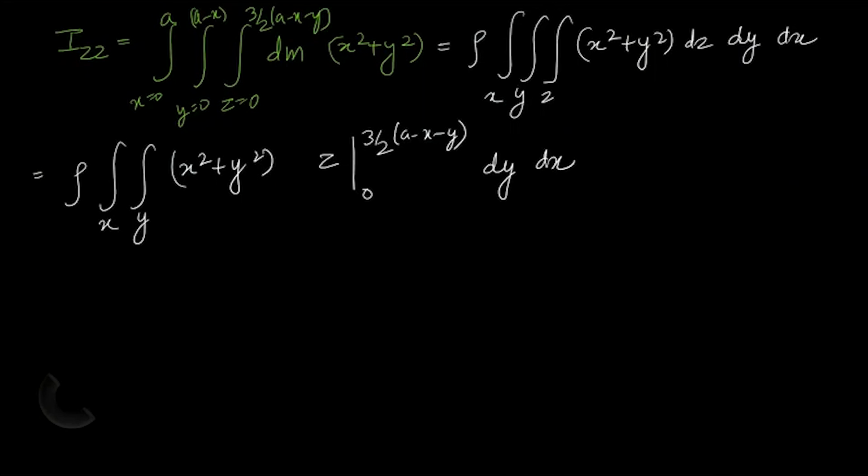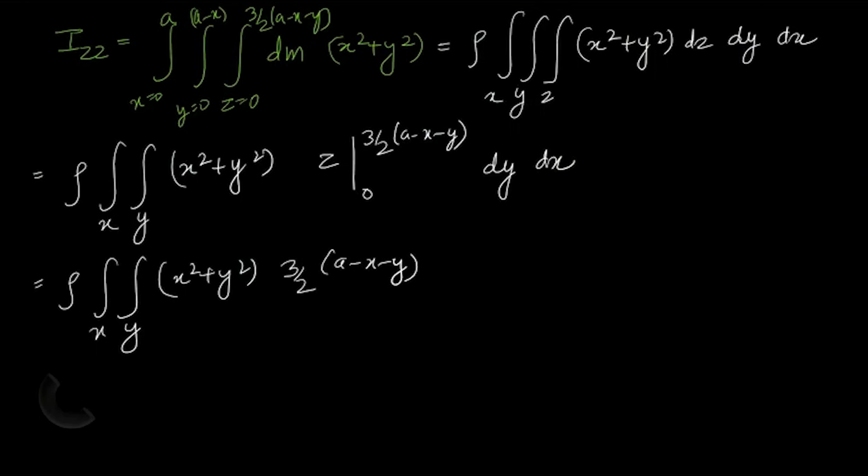So let's put the limits for z. So it's rho, x y, x square plus y square, 3 over 2 (a minus x minus y) and then dy dx. So let's multiply these two and take the 3 by 2 out with rho.